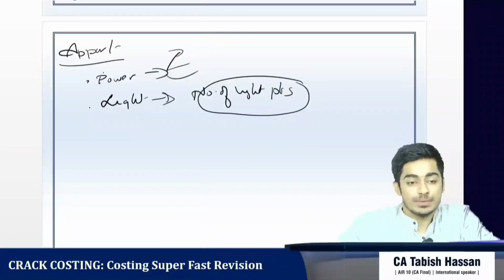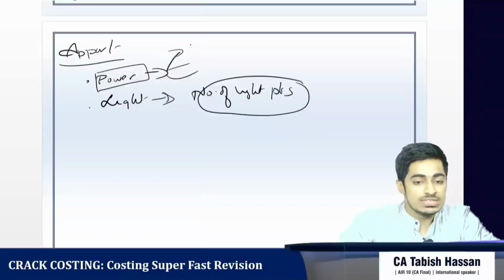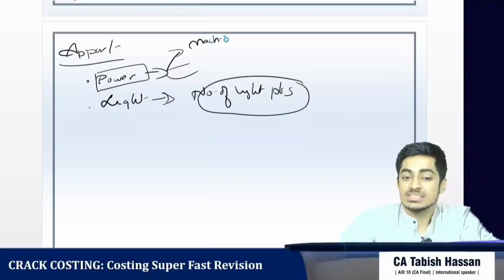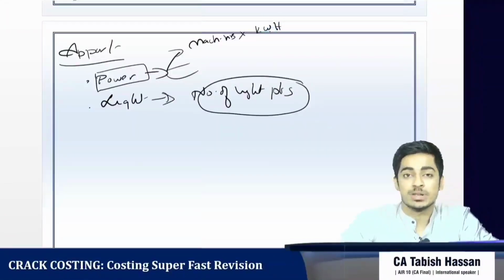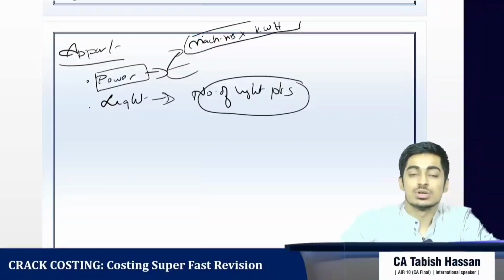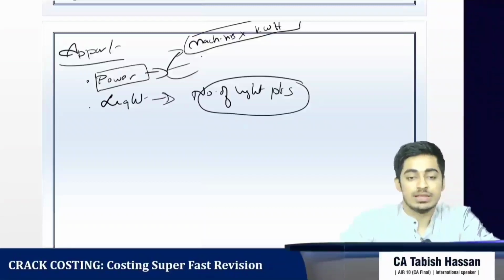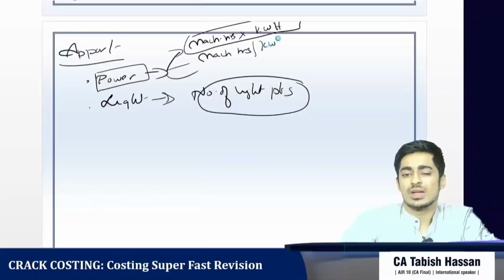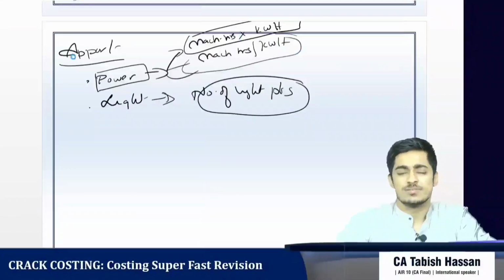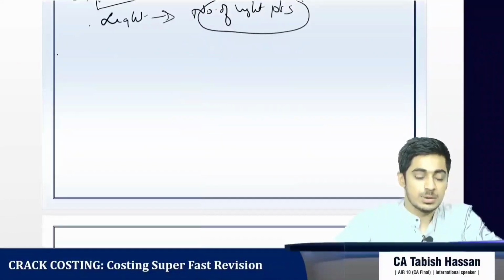For power, the best thing to do is the number of machine hours used into the kilowatt hour or the horsepower the machine is using. Based on this ratio, we can apportion this. That would be the first thing. If this is not available, they would either give you the machine hours or the kilowatt hour. So based on this, we'll have to apportion the overheads. This is with the power and lighting.